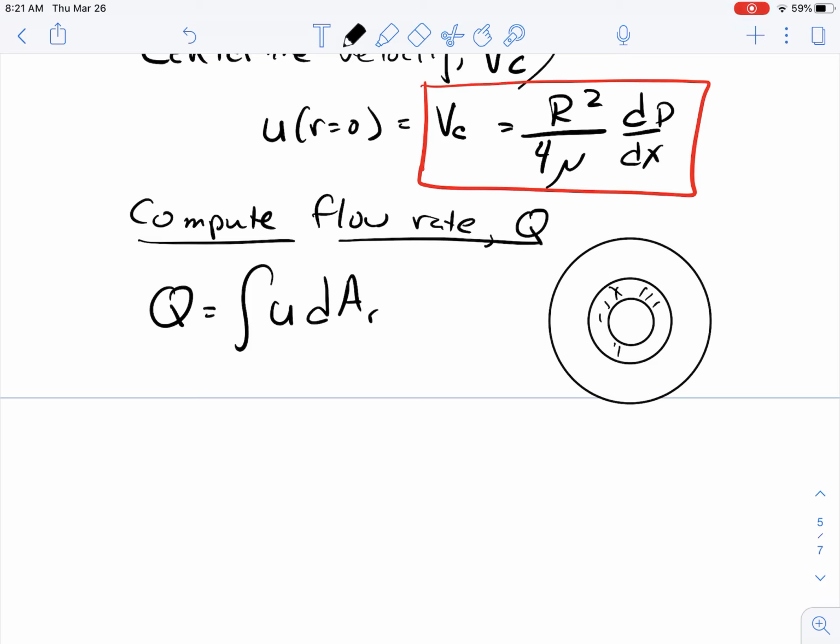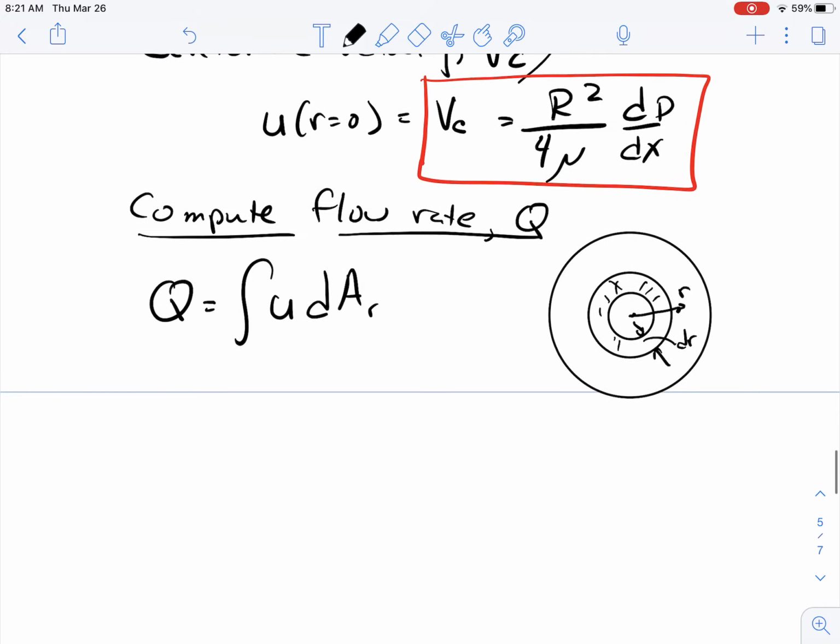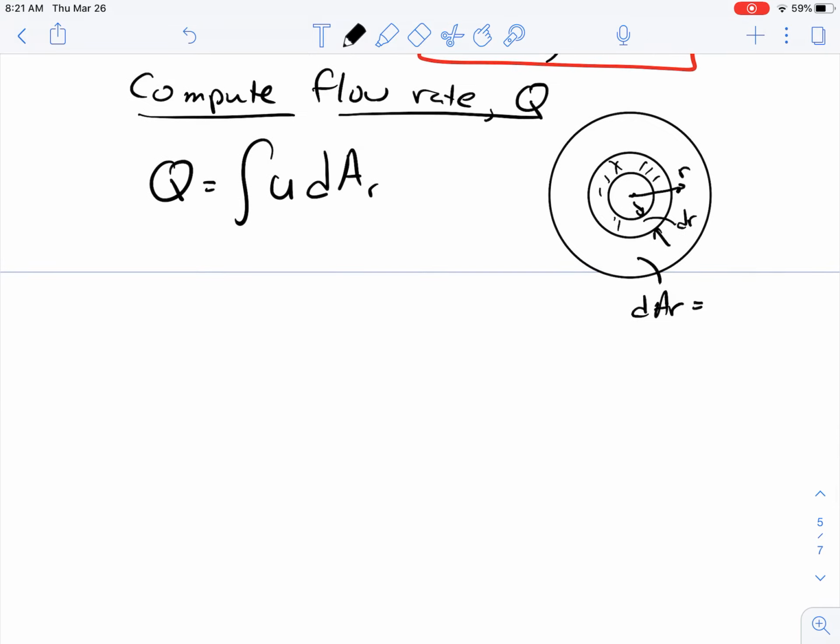So we'll have many of these as we go outward. We'll start out at the center and move out in the radial direction, and this little annulus is some element dr. It's like in calculus, when you're integrating to determine the area of a circle. So the area, we'll call it dA, is equal to our circumference around the outside times dr. So we'll have 2 pi r dr. We can substitute that back into our flow rate equation.